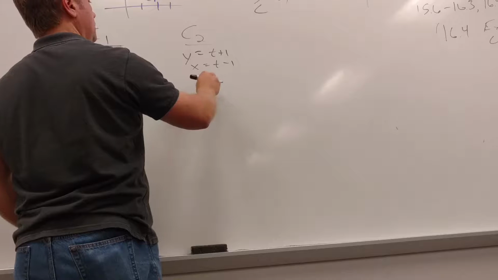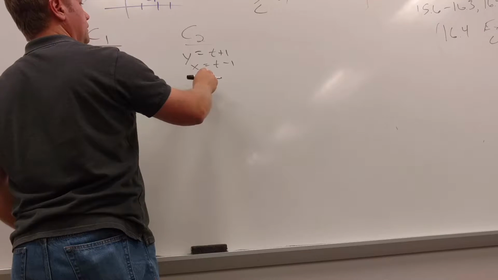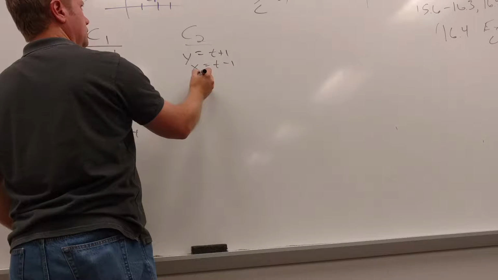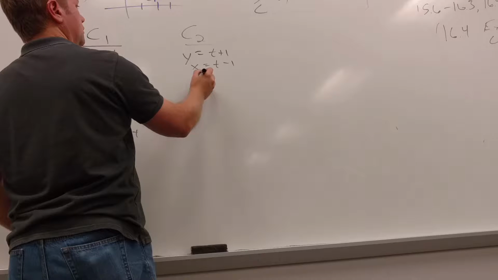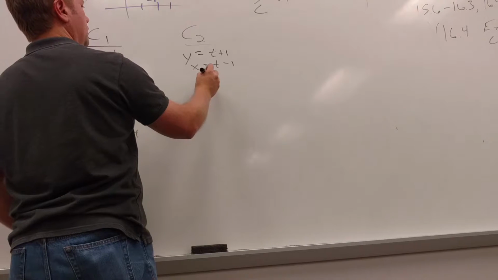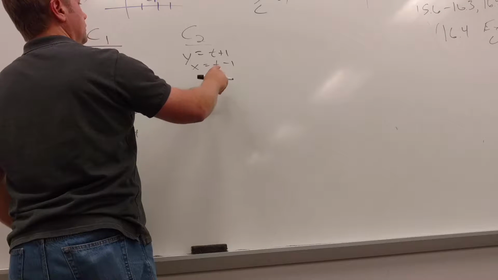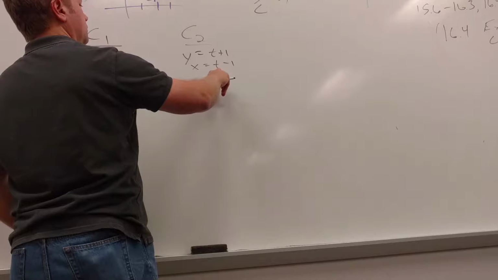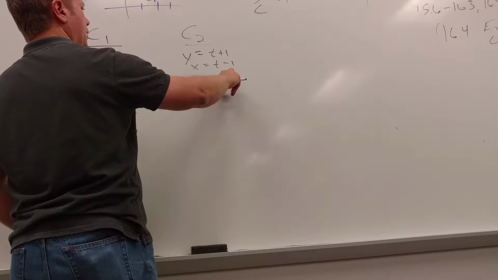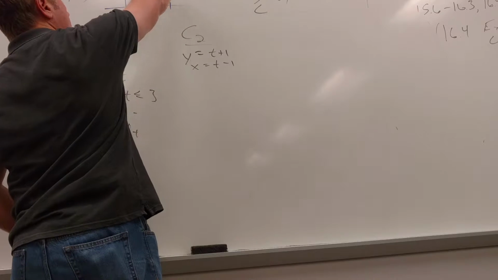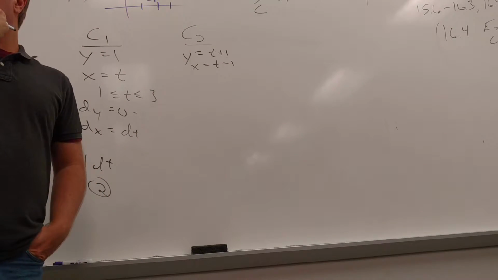Oh, I see what you did. And what does your t go from and to? I think it was 2 to 3. Okay. But then x would be 1 at 2, and x is not 1 in either of these. Do you see what I'm saying?